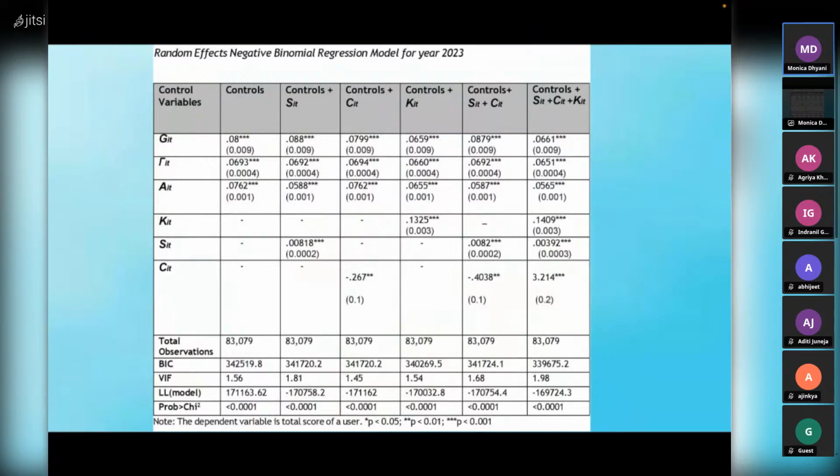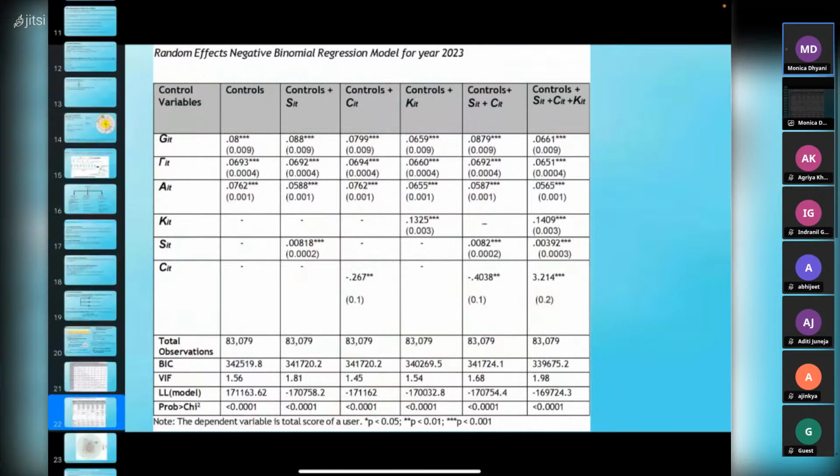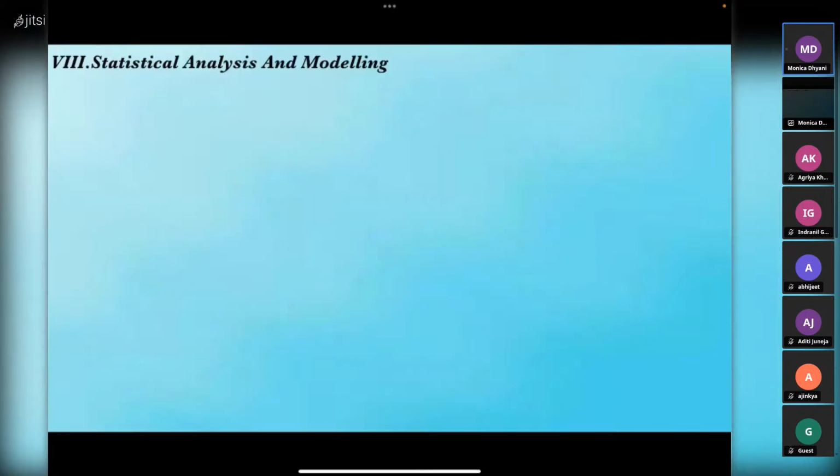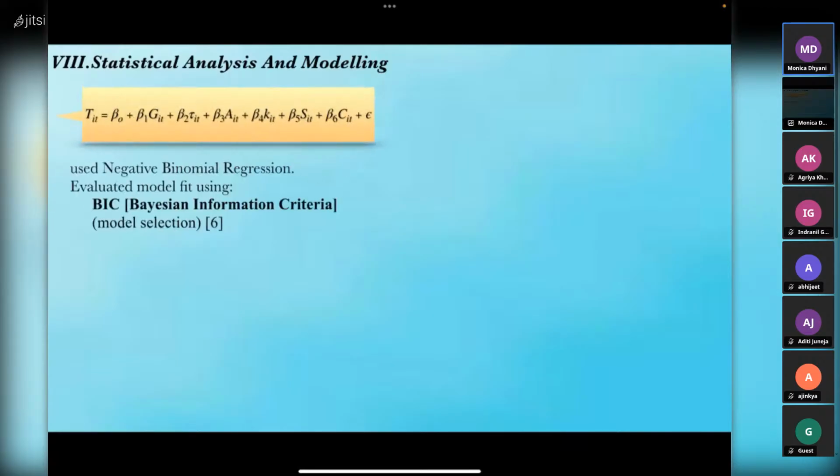I calculated the BIC and VIF. BIC is the statistical technique for model selection which tells which model best fits the data points, and as the BIC gets lower, the model gets better. So BIC has to be the lowest among all the models.